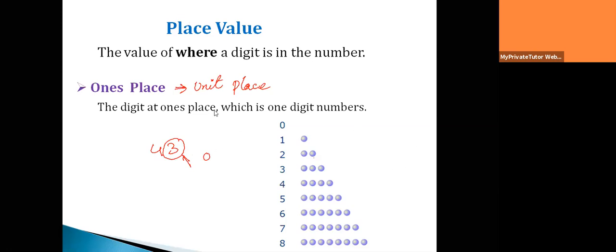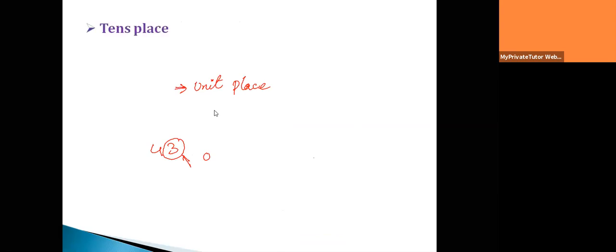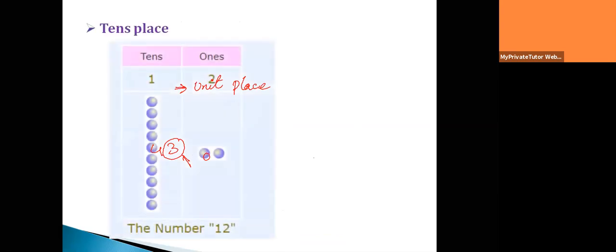What about hundreds place? I just explained all these things. Just take a look at this. So this is tens place. The position of 1 is at tens place. 2 is at ones place. For example, the total number is 12. 2 is at ones place, and 1 is at tens place.